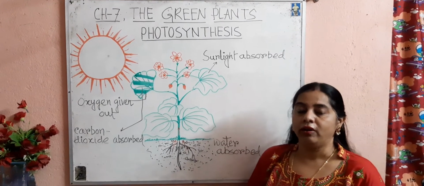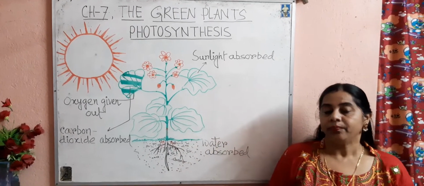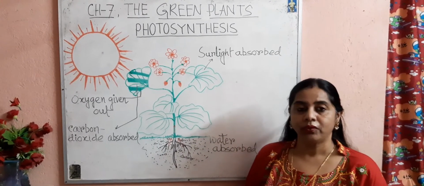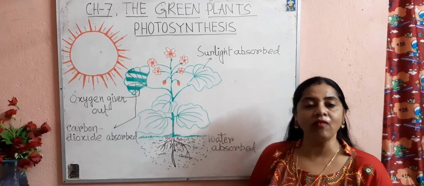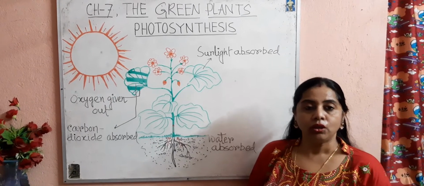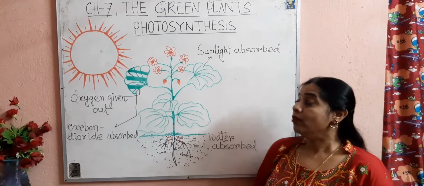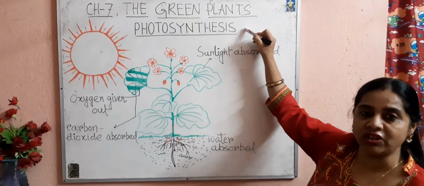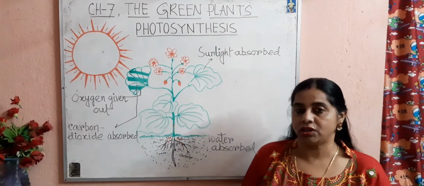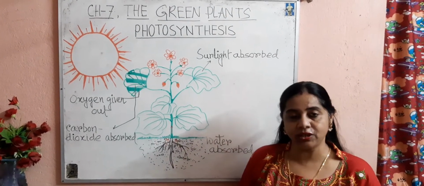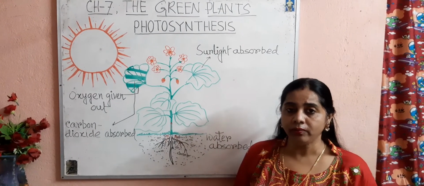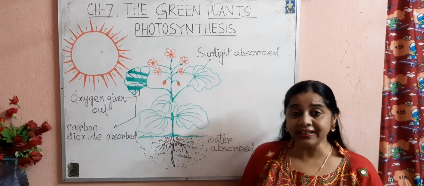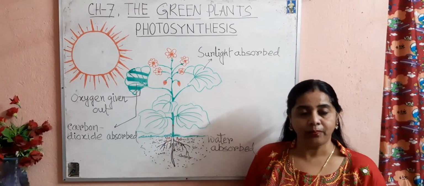The food prepared in the plants is in the form of a carbohydrate, that is sugar. Sugar is a type of carbohydrate. So children, when photosynthesis is completed, the end products of photosynthesis are carbohydrate food, that is sugar, oxygen gas and water vapor.